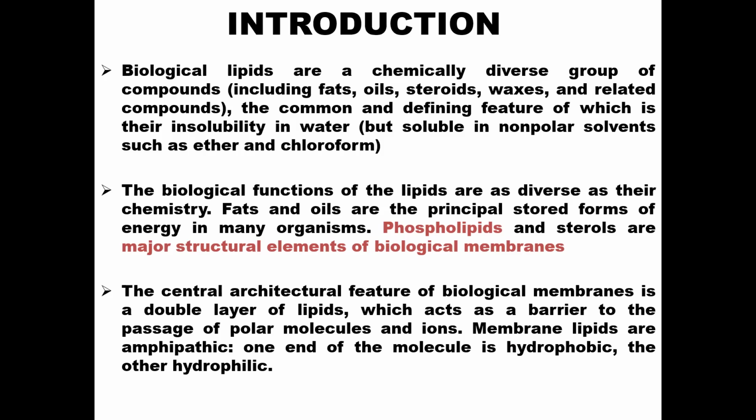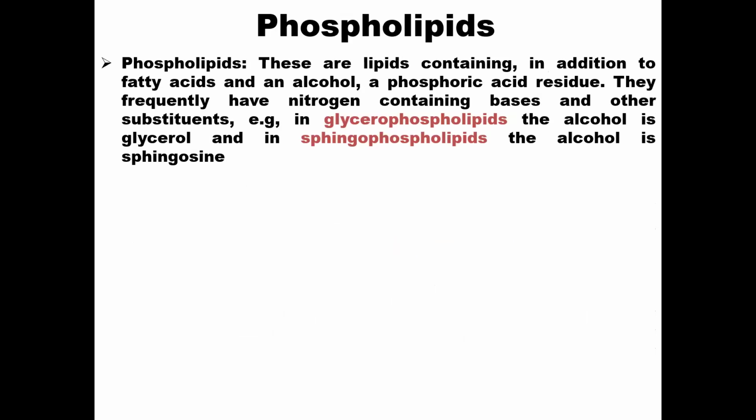Membrane lipids have a hydrophobic portion and a hydrophilic portion together, which is termed amphipathic. It means one end of the molecule is hydrophobic and the other portion is hydrophilic. We are going to be discussing all this in detail in our subsequent classes.